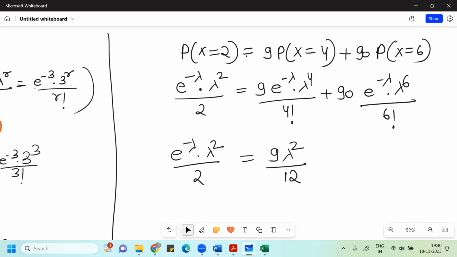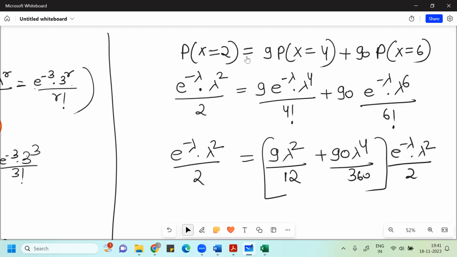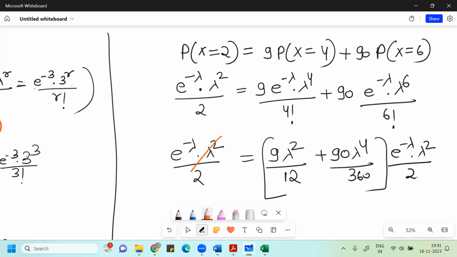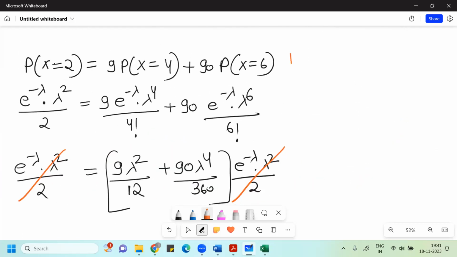12 to the 24, plus 90 then lambda to the power 4. 6 factorial is 720, so what is left is 360. So if I take common e to the power minus lambda into lambda square by 2, now I can cancel this and this. See this. If you have doubt, ask me.